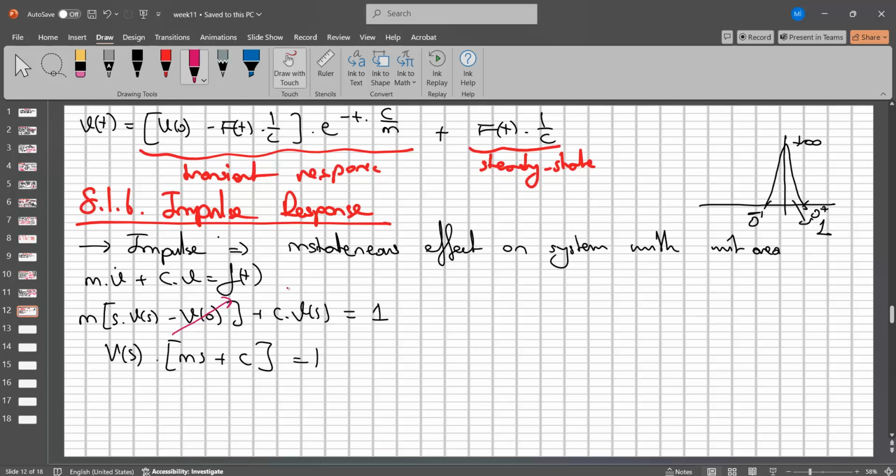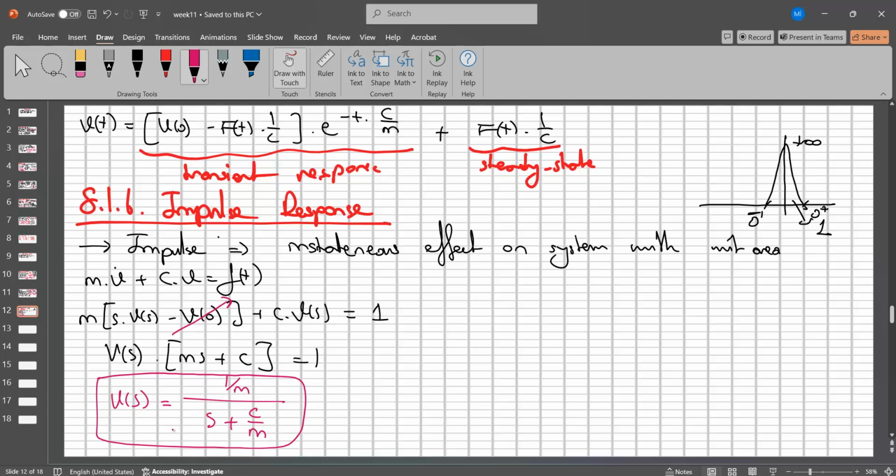So Vs is equal to 1 divided by (ms plus c). We can remove the initial condition because it doesn't affect the system characterization. We can choose any V0, but the system remains the same, and so we delete it. We just apply the impulse, and so we have Vs equal to 1 divided by m times (s plus c over m).